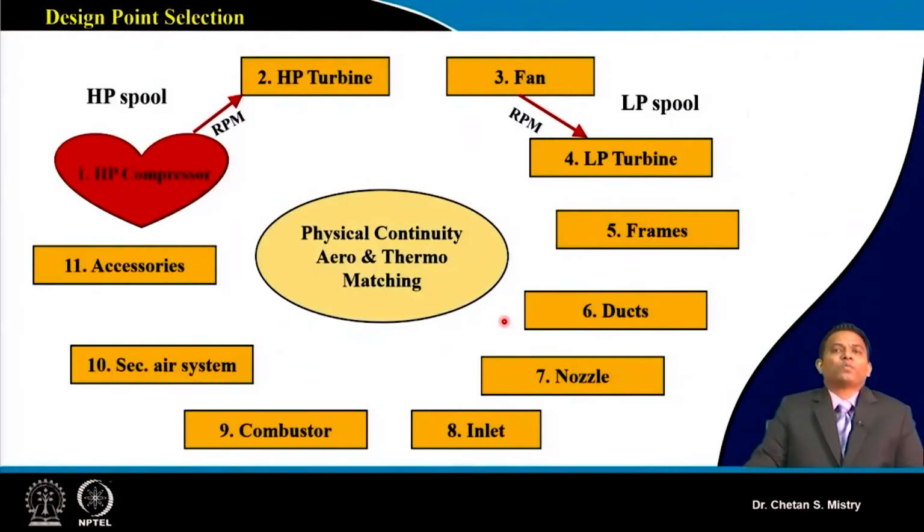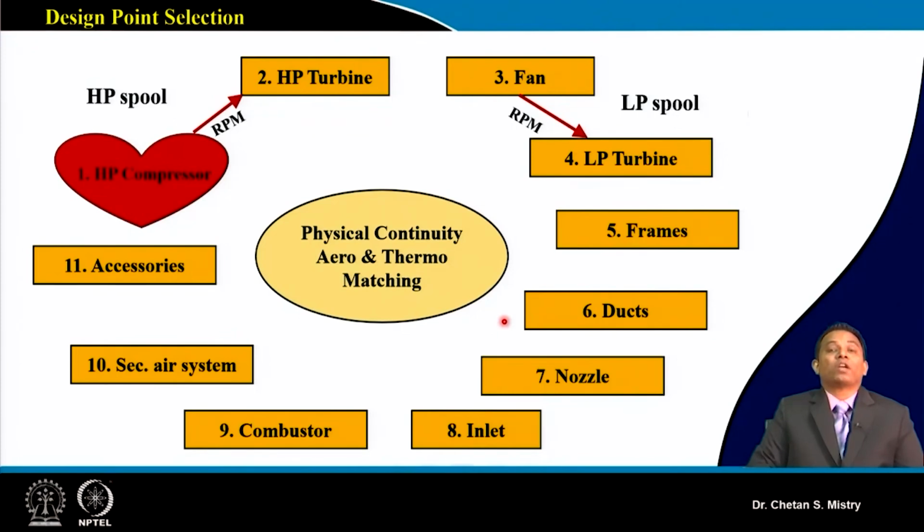Now this is what is coming as our expectation. If you look at the most challenging part of the development of an engine, it is the design of your HP compressor, because that is the heart of the engine. The group of people involved with HP compressor design, once they finalize their geometry, everyone needs to appreciate that part.